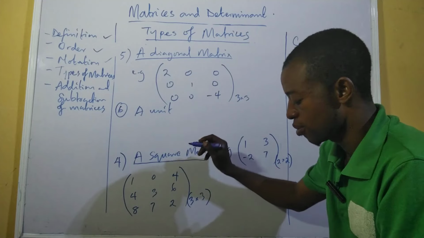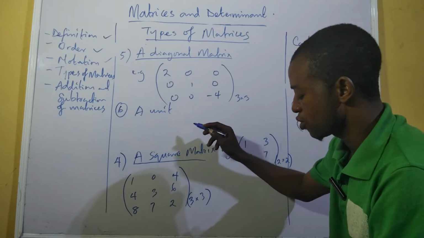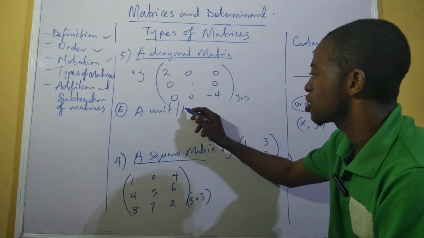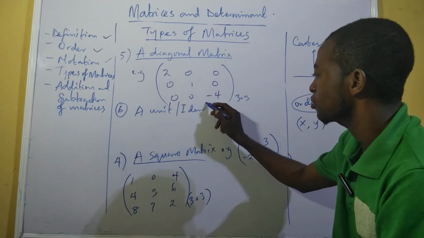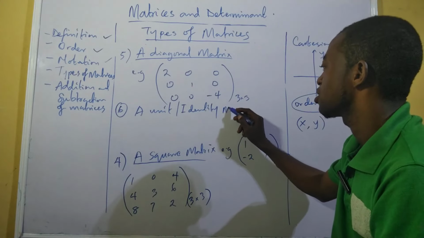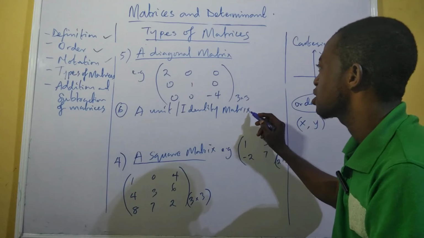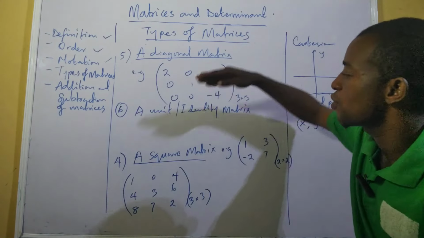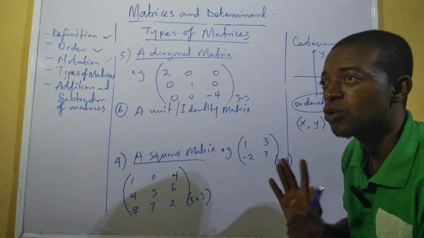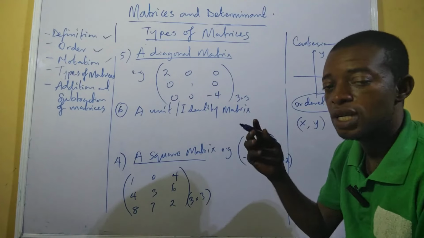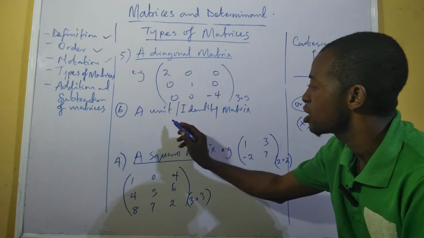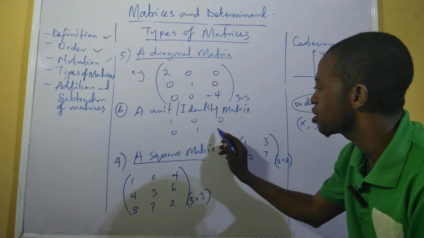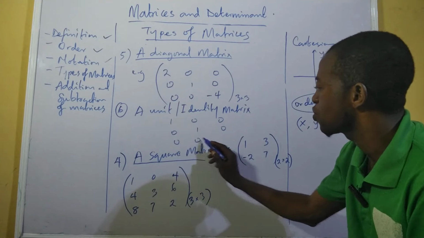Next, similar to this, we have a unit matrix, or we can call it an identity matrix. This is a diagonal matrix whose elements in the leading diagonal are all 1. From the word unit, they are all 1. For instance, we can change this and have 1, 0, 0, 0, 1, 0, 0, 0, 1.